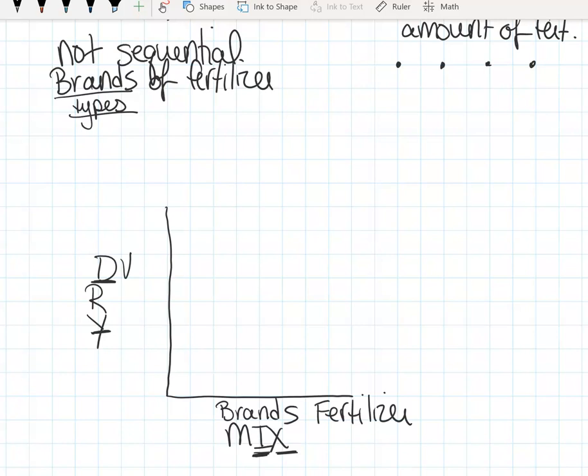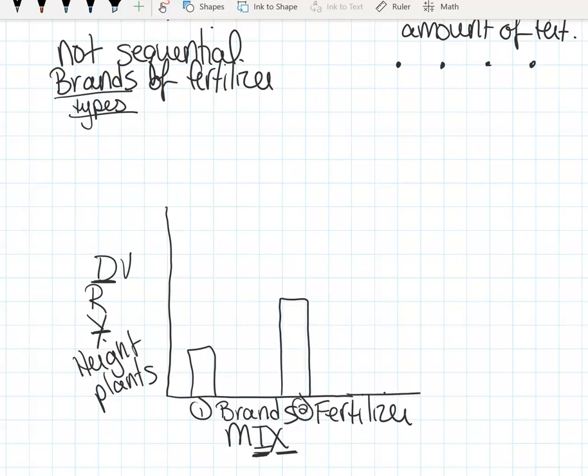And then what we're going to measure at the end is going to be the amount of growth, the height of the plants, and we are going to graph that. Let's say that's brand number 1, brand number 2, and brand number 3.